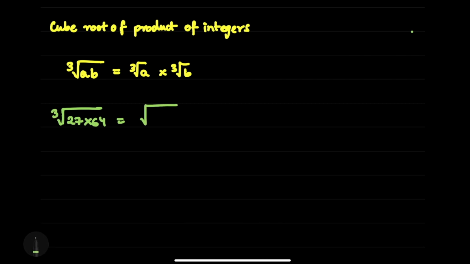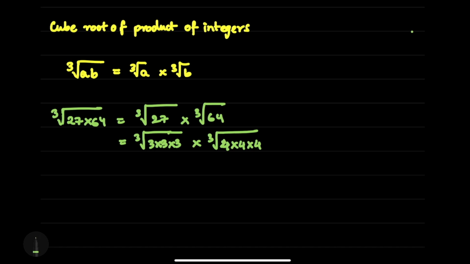So this is cube root of 27 into cube root of 64. So from the table that we already know for the cube roots, we know that cube root of 27 is 3, and for 64 it's 4. So this comes out to be 3 into 4, and the final value is 12.